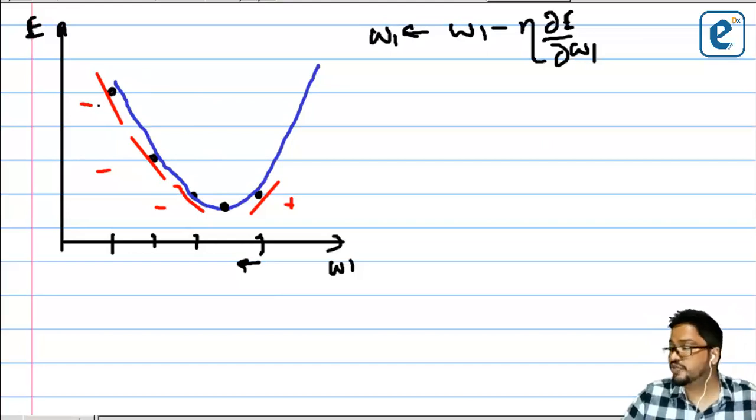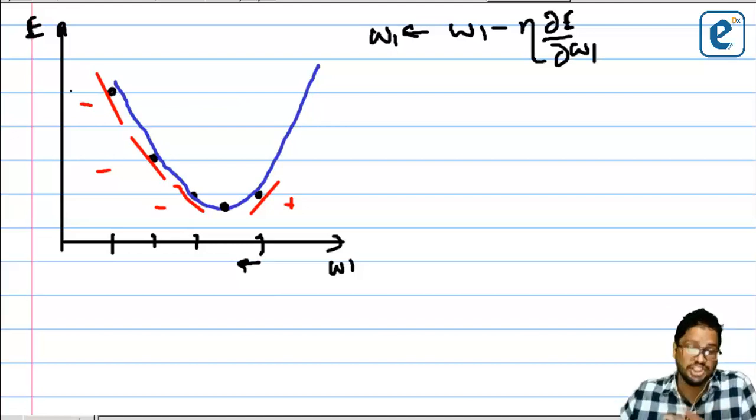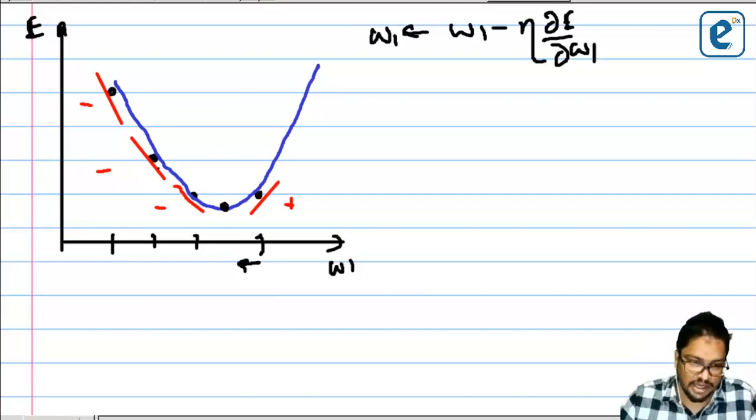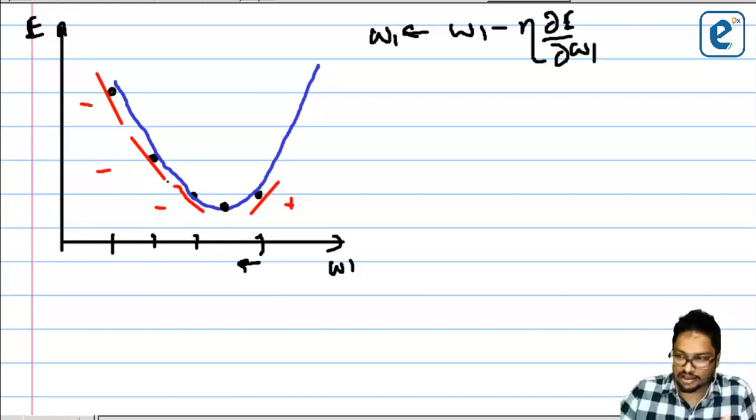The magnitude of the gradient is large, which means rapid, large magnitude weight adjustments. Now you can see the magnitude of the gradient is decreasing here. That means the weight adjustment is becoming lower, lower, and lower, right?